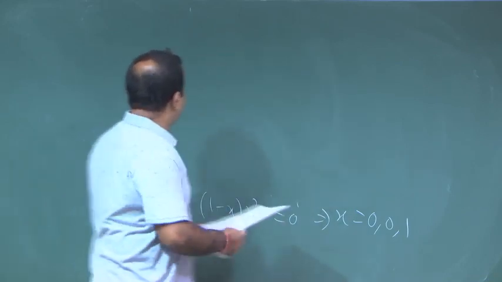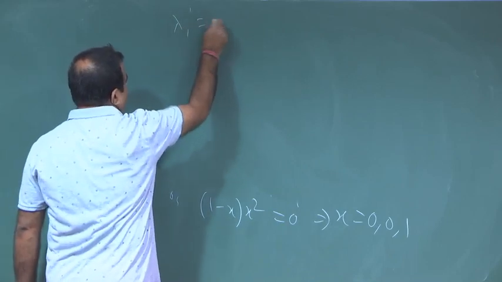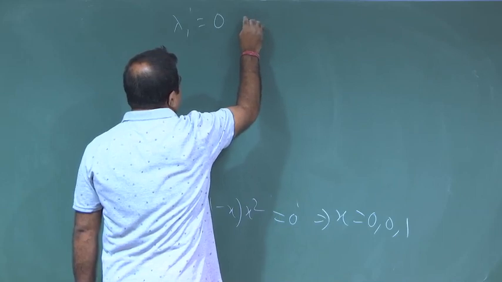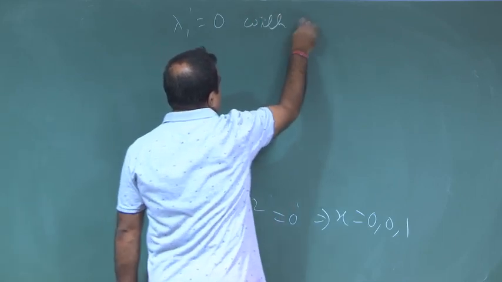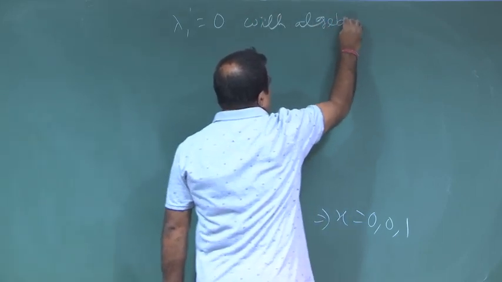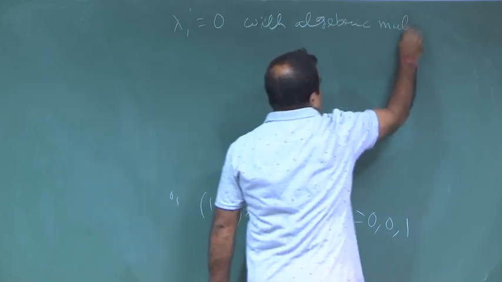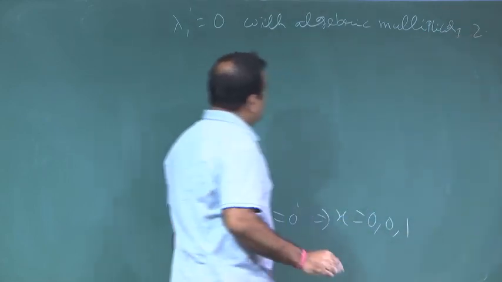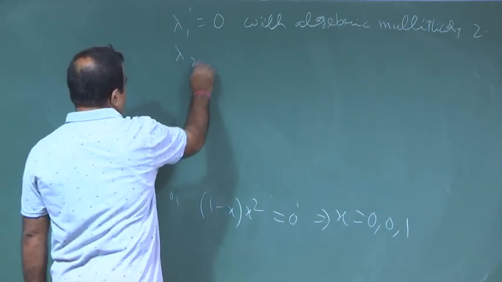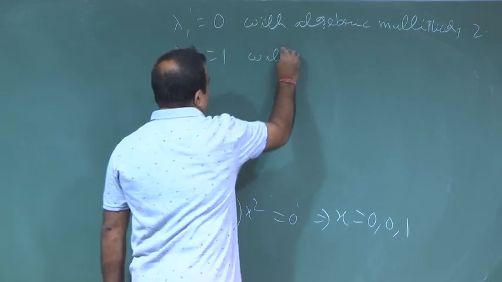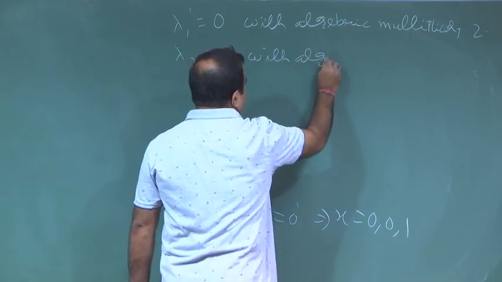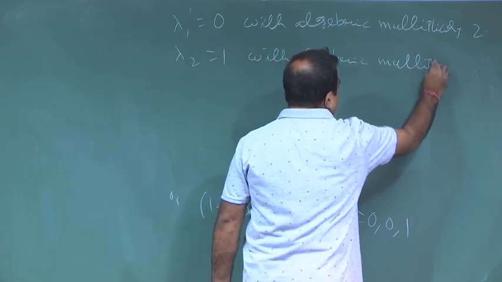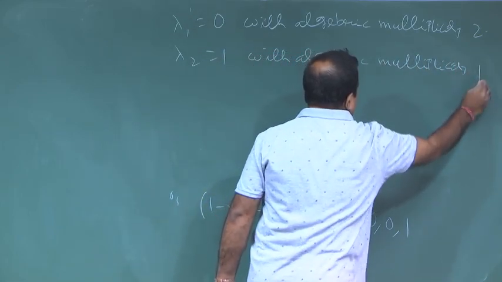So, we have two distinct eigenvalues: lambda 1 equal to 0 with algebraic multiplicity 2, and lambda 2 equal to 1 with algebraic multiplicity 1.